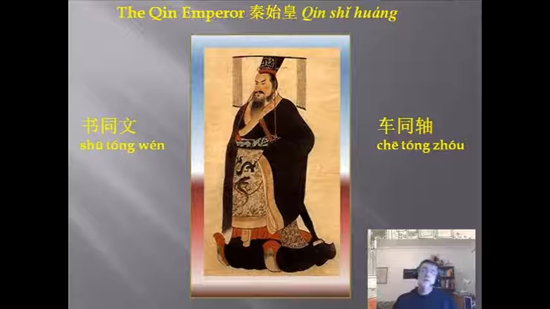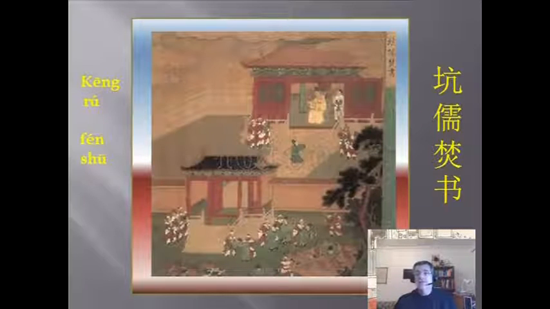He's famous for burning the books and for burying the Confucian scholars alive. So it's Keng Ru Fen Shu. And part of the reason he did that, of course, was because he was an advocate of change, certainly an advocate of change from some aspects of tradition.